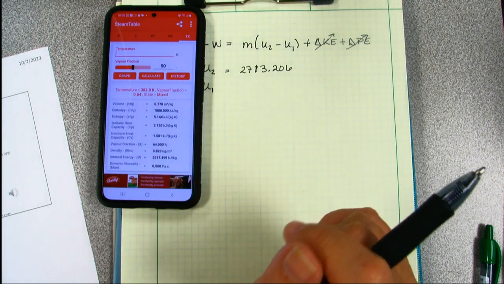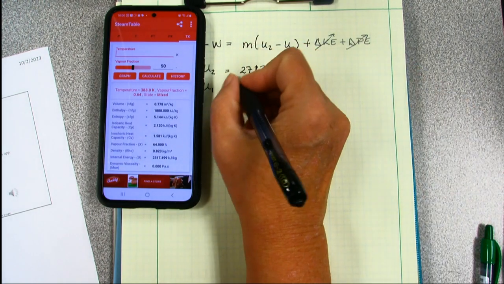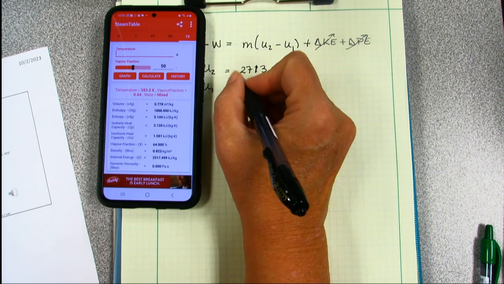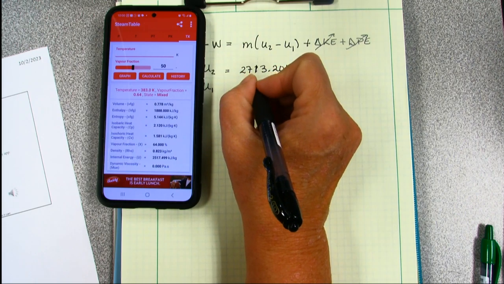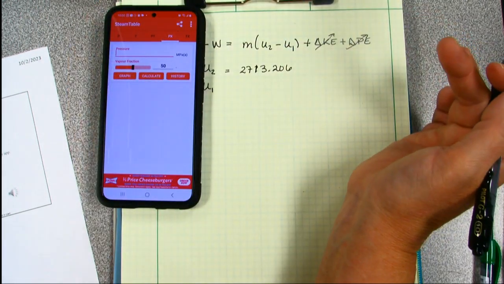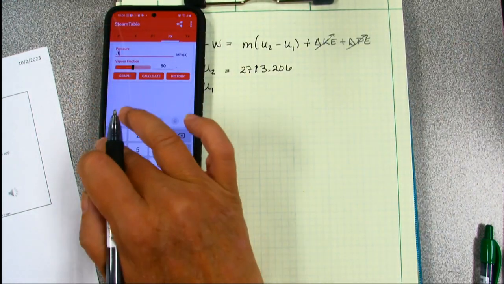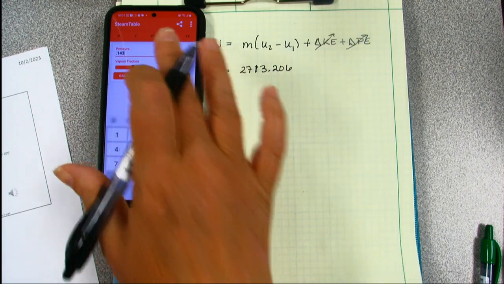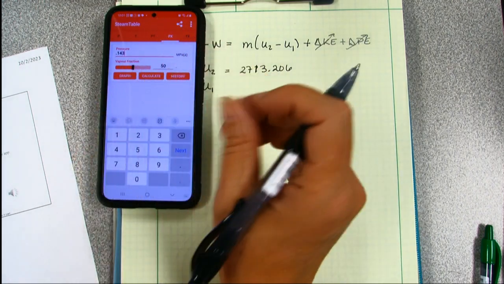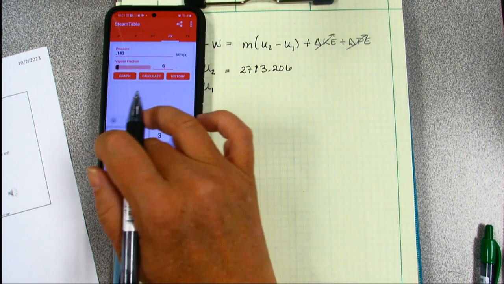That's giving me mixed. Okay, he did it by doing pressure. So this is going to be 0.143, and that's using our X2, which we have to go back in and do our 65.